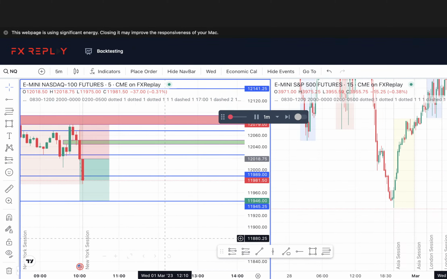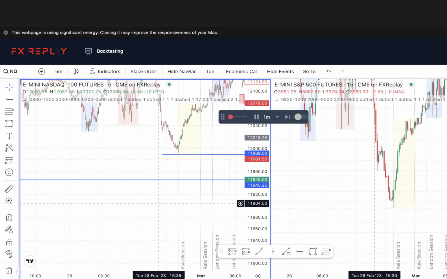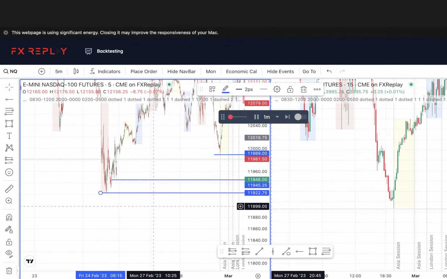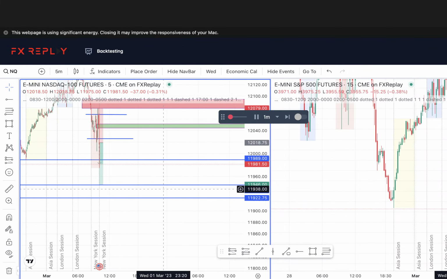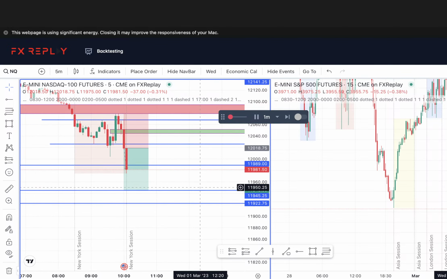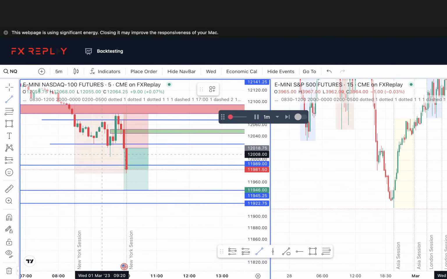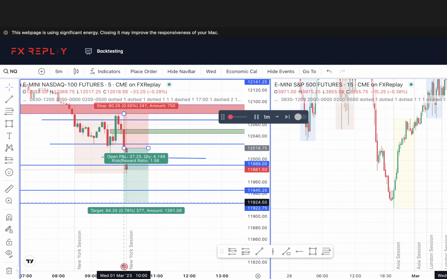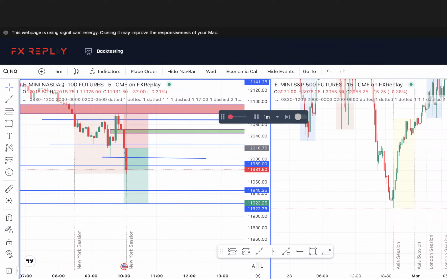But I mean, there could be one more. Yeah, maybe we're going all the way down to this one. And we still didn't get really market structure shift until we closed below this one on the 1 minute anyway. So let's see. Not just the day you don't trade.